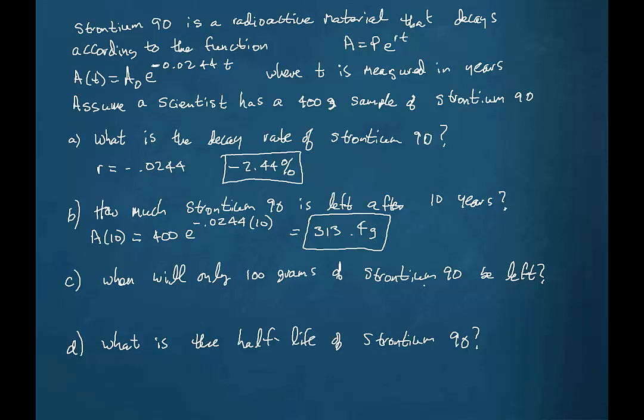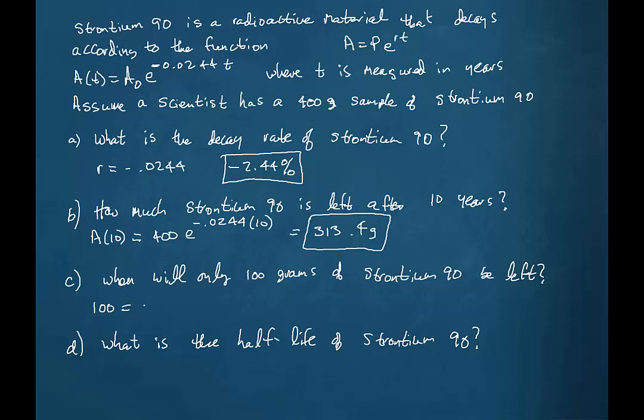When will only 100 grams of strontium-90 be left? Okay, that means we're going to plug 100 in for A(t), the quantity at a given time, and we're supposed to find that time, when is the question.